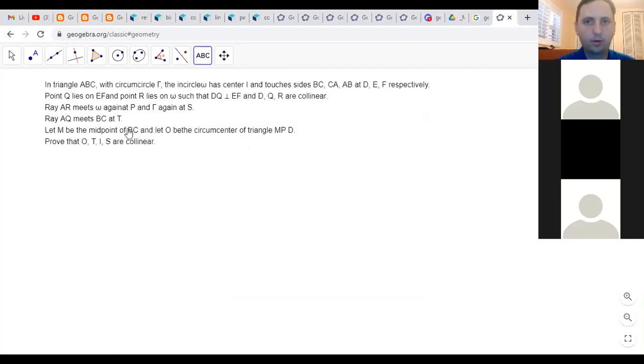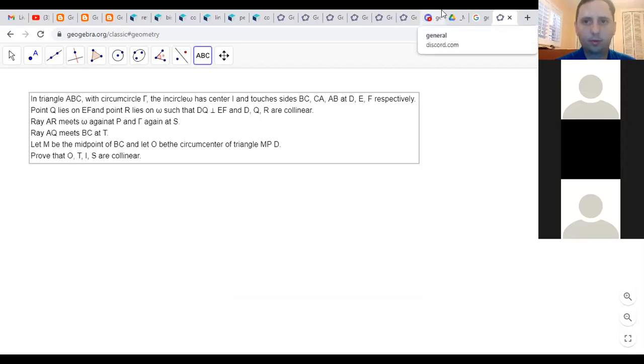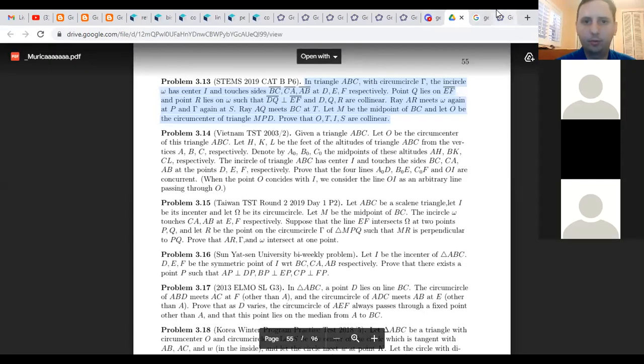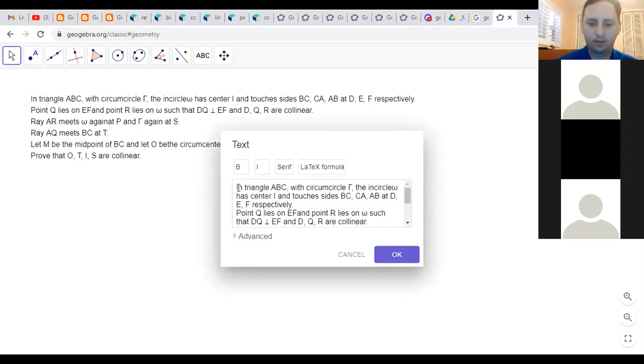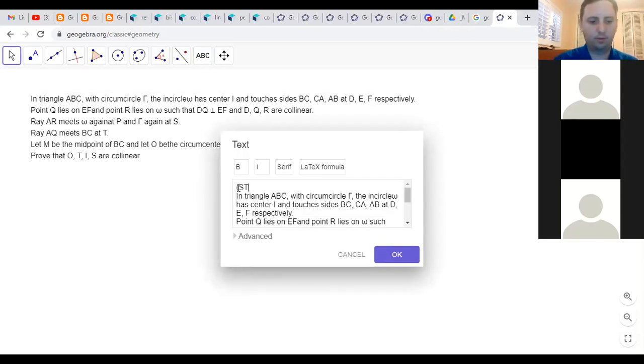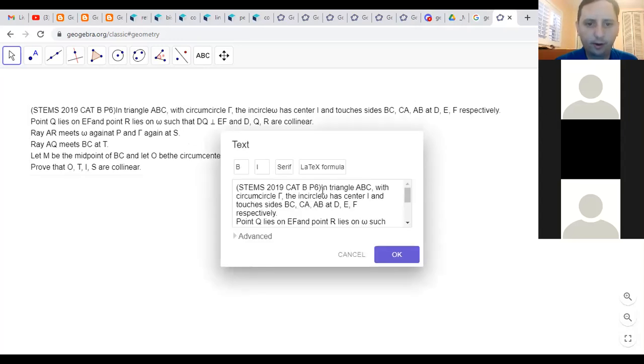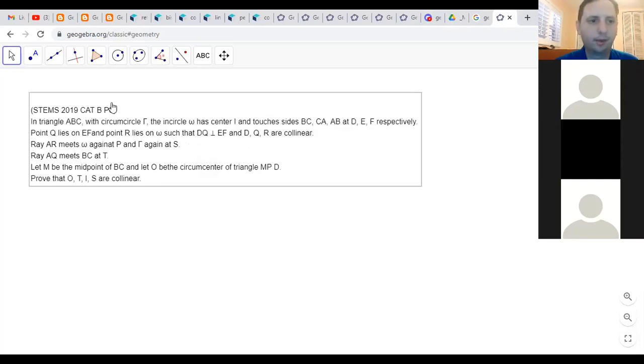Okay, so I'm just going to put the source. This one is STEMS 29, category B, P6. Maybe this is like a new contest or something. I'm not going to TeX it up just because I'm lazy.